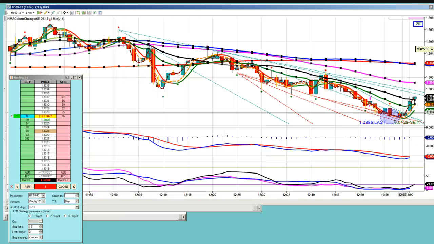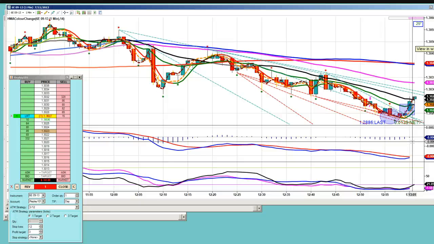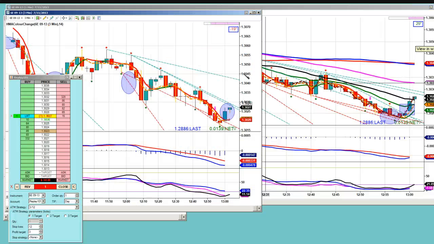So by focusing on your most important indicator, that's going to tell you things are good or bad, you can manage your risk better. Get out of your bad trades sooner and choose the good ones more often.